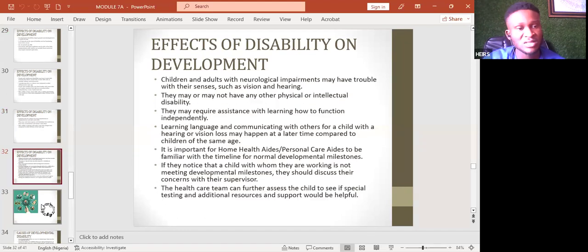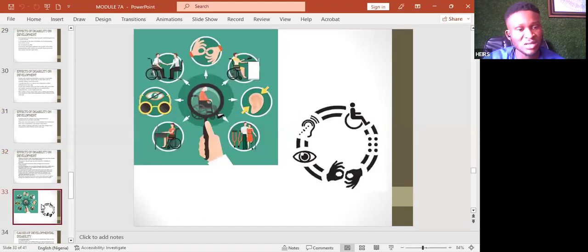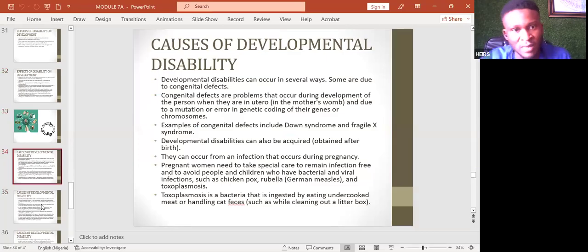Then we talked about the causes of developmental disability. We said there are a lot of causes; some could be congenital defects, while some could be what? Acquired. Acquired developmental disability is after birth, and congenital defects are before birth.